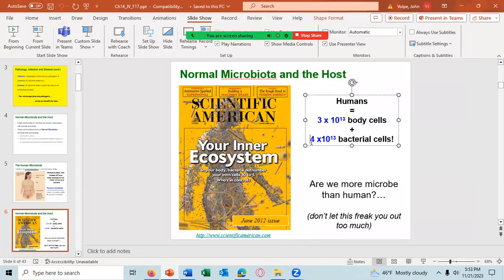And the point is we have more bacteria cells than we have human body cells. And that begs to ask the question, are we more microbe than we are human? And don't let that freak you out too much. Because the answer is we have more microbes than we have human cells.